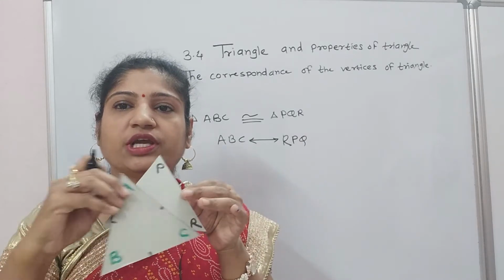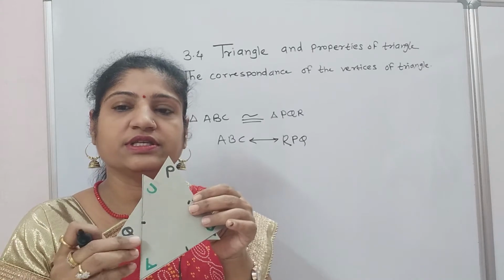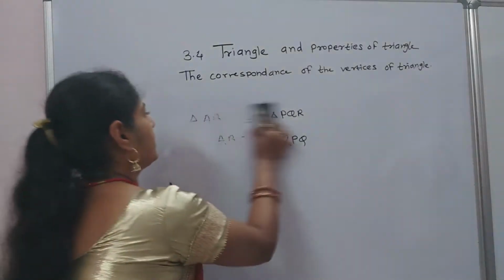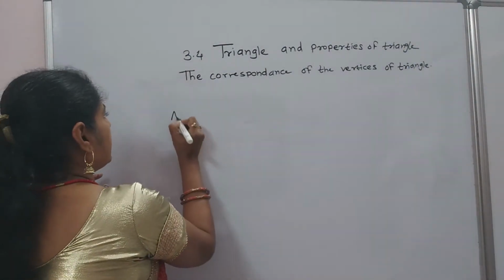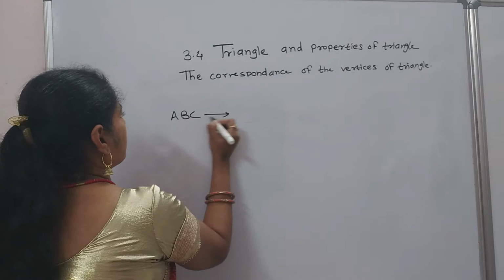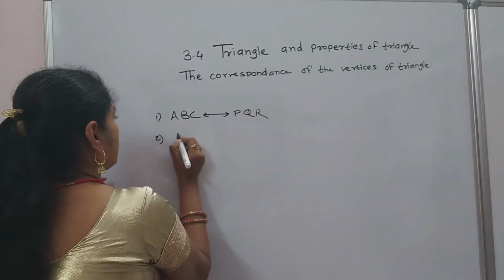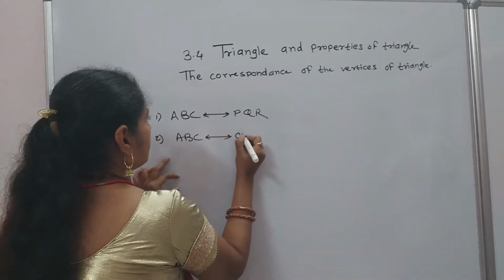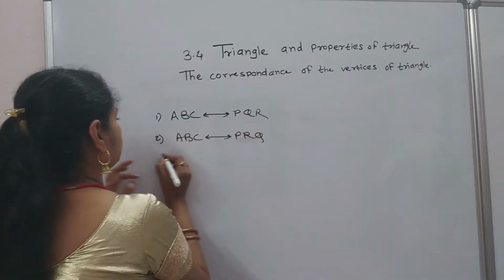You may change the triangle as many as 6 times. There are a total of 6 correspondences. We can write the 6 correspondences. ABC corresponding to PQR, number 1. ABC, I change this sequence, PRQ.